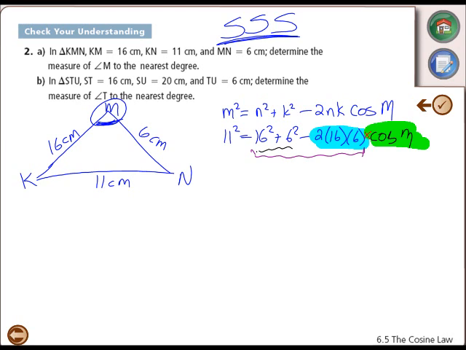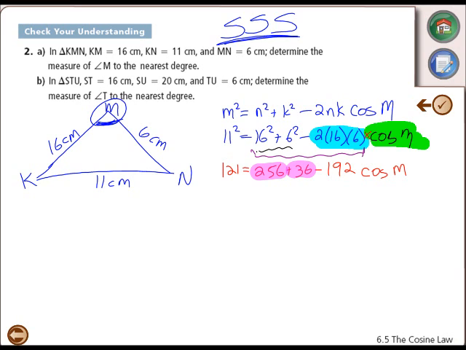Let's get rid of our squareds here. So 11 squared, 121. 16 squared, 256. 6 squared, 36, minus 2 times 16 times 6. Oh, that's 192. Everyone should know that. Cosine of M. So this one and that one I can subtract over to the other side.